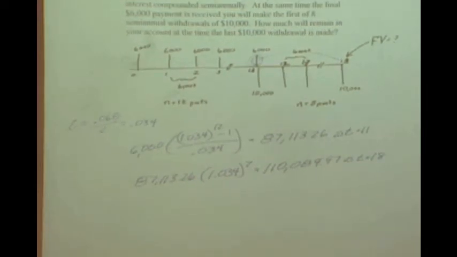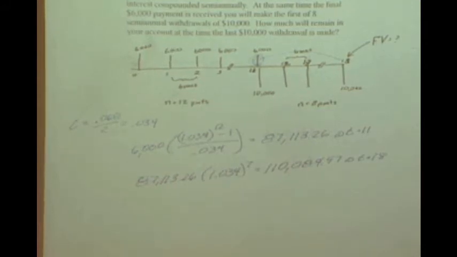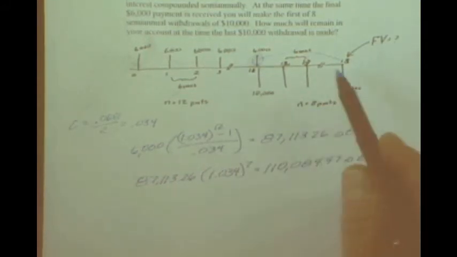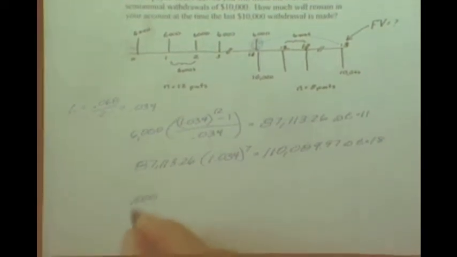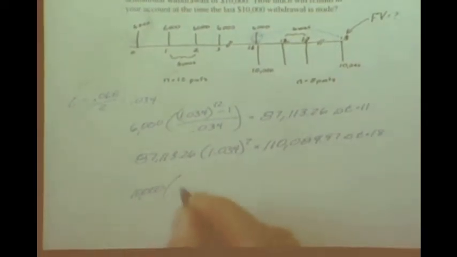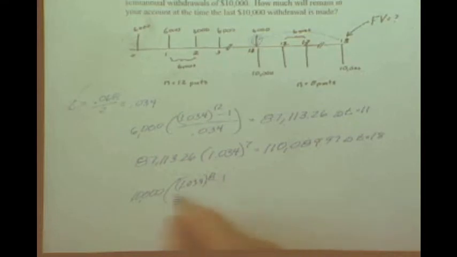Now all we have to do is consolidate the 8 payment annuity. Its future value is at time 18, where we want to put all the cash flows. So I'll use the future value equation for the $10,000 annuities. There's only 8 payments.